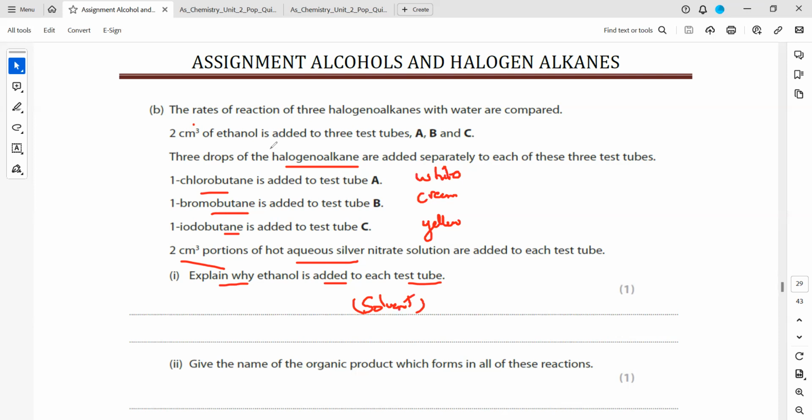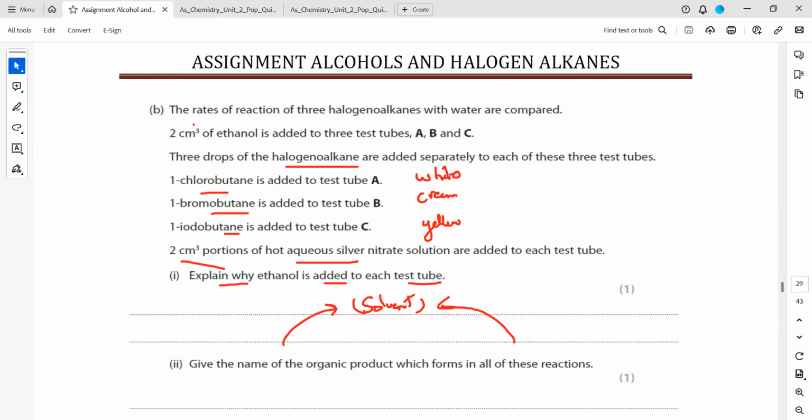So the halogenoalkane does not dissolve in water. So this ethanol is a co-solvent. Co-solvent means it can dissolve aqueous silver nitrate, and it can also dissolve the halogenoalkane, a medium in which the two substances can mix with each other.